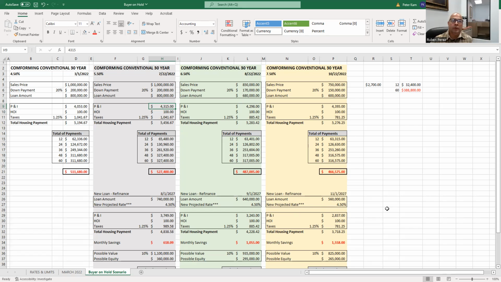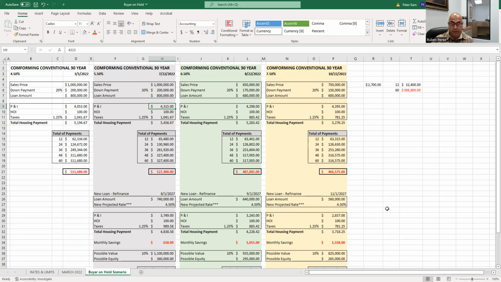I'm going to include what Peter's asking for, the income qualifications for the household. When I say household, it's whoever is applying for the loan. It could be 1, 2, 3, or 4 people, but the total income needed to qualify for this loan.